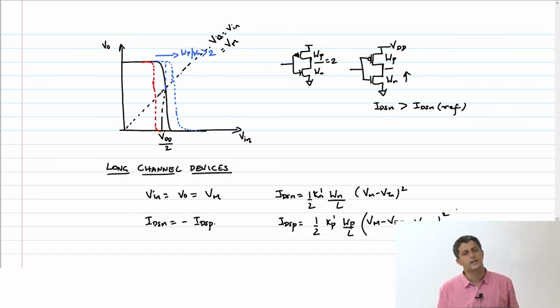So what is Vm now? Can you derive it? What is the condition? IDSN equal to minus IDSP, right?